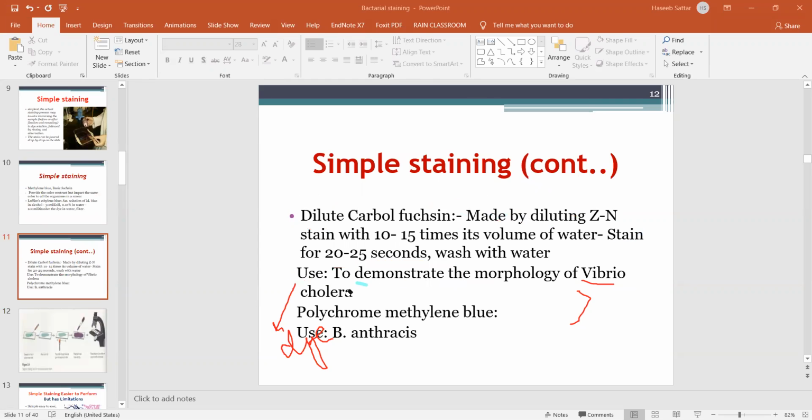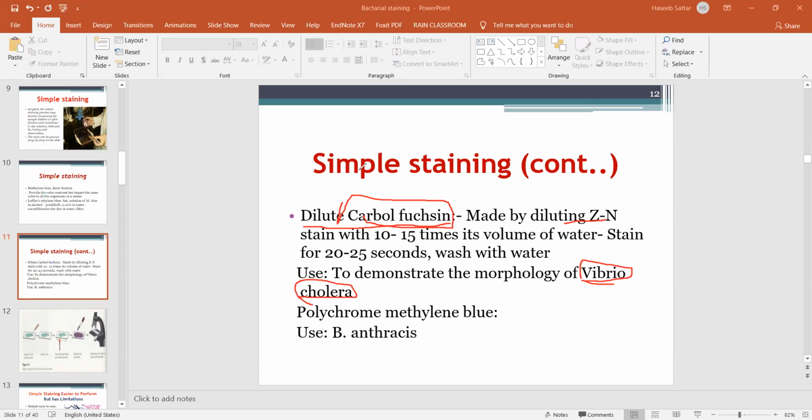Then we also have diluted carbol fuchsin. This is another dye for simple staining, just to color all the bacteria. Diluted carbol fuchsin is prepared by diluting the Ziehl-Neelsen stain. We will discuss later what the Ziehl-Neelsen staining is. It is also used for coloring bacteria, and most commonly this diluted carbol fuchsin is used for Vibrio cholerae.